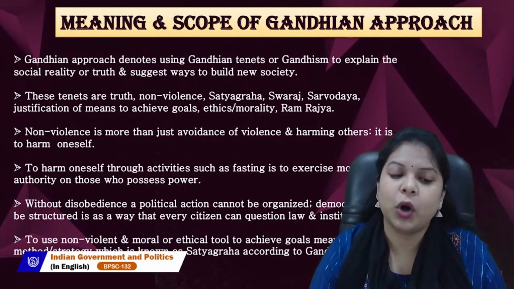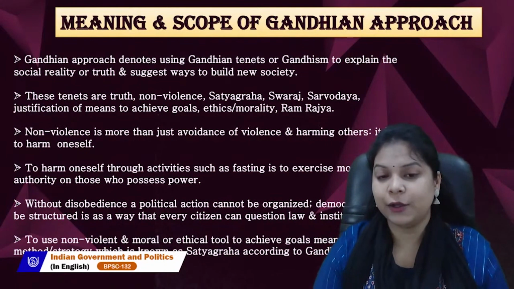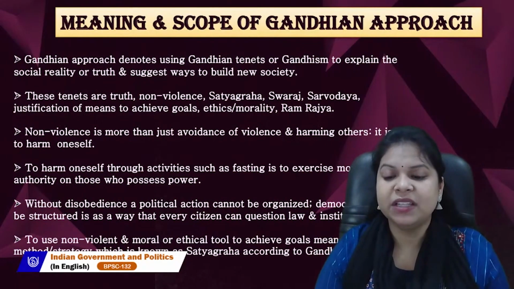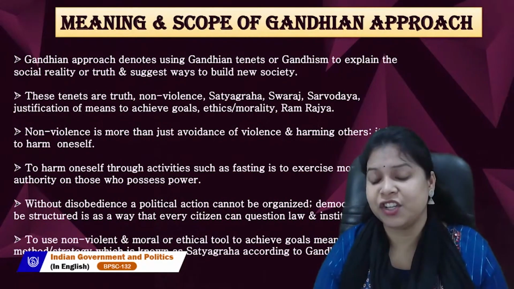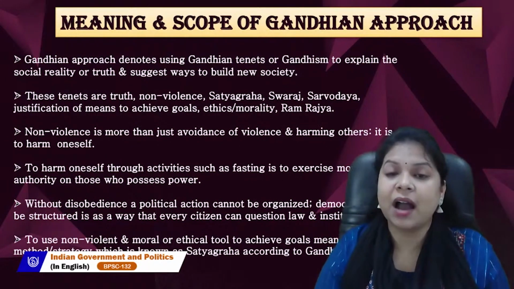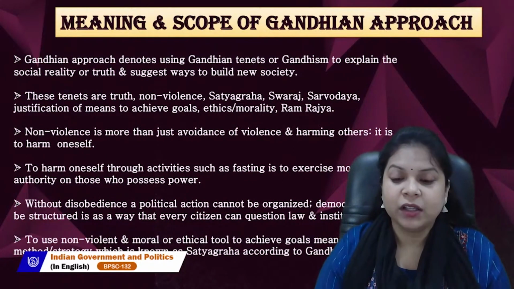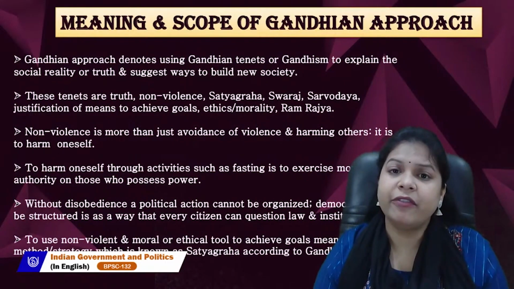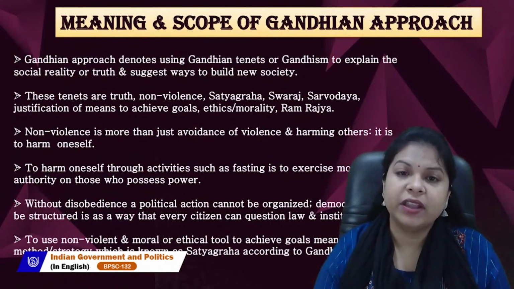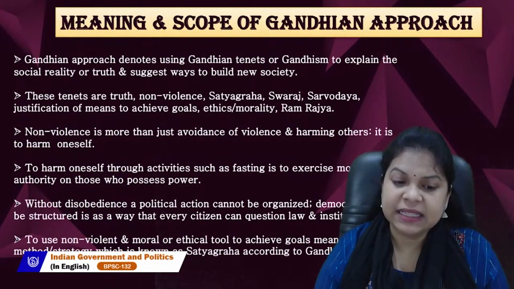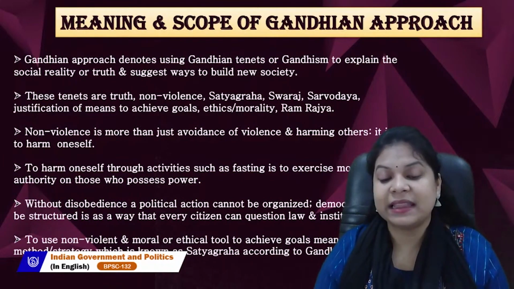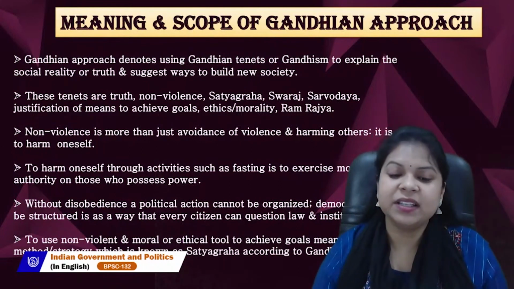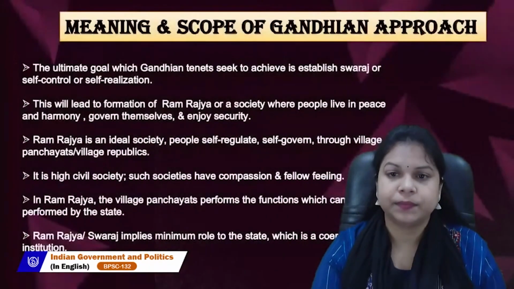To use a non-violent and moral or ethical tool to achieve goals means to follow a method or strategy which is known as satyagraha according to Gandhism. So what is satyagraha? It is a way to achieve a goal without using violent means and through moral or ethical tools.